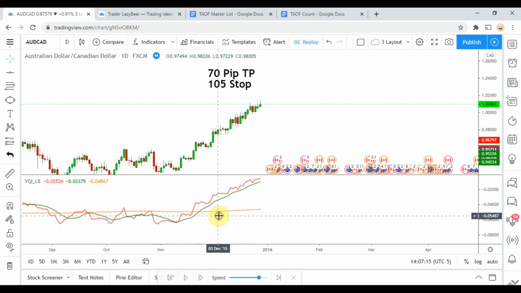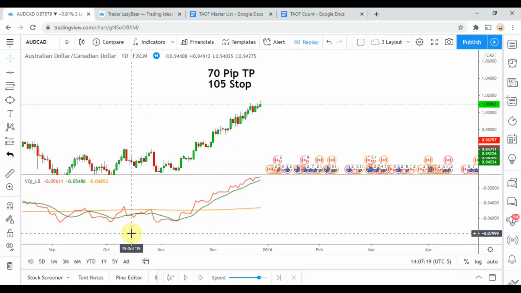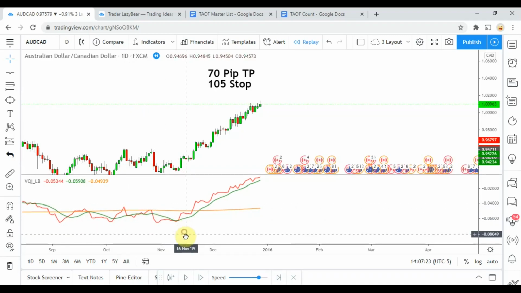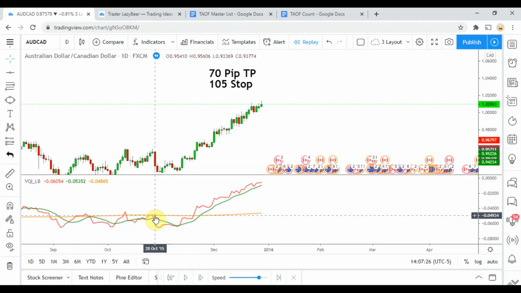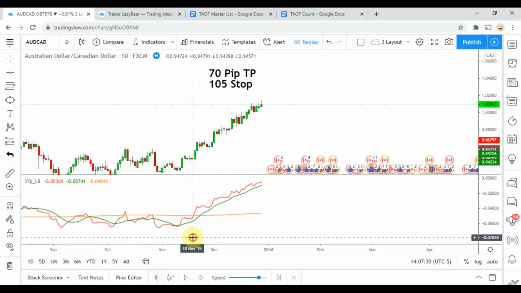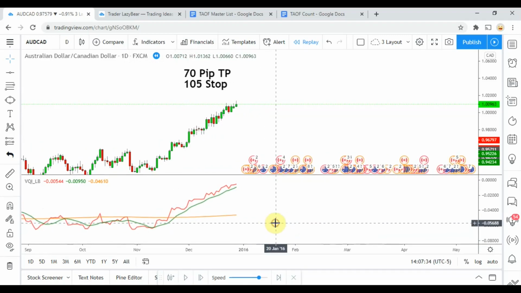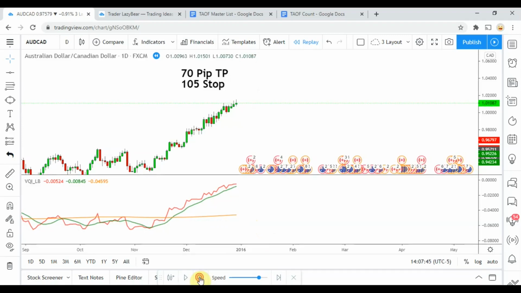On the reverse side, if it is below the orange line, we are looking for the red line to cross down below the green line as a sell signal. Hope that made sense. So we'll go ahead and play it forward here just a little bit, and we can watch it as we go along, so that way it can make a little bit more sense in case you're a tad bit confused by how this is all going to work.